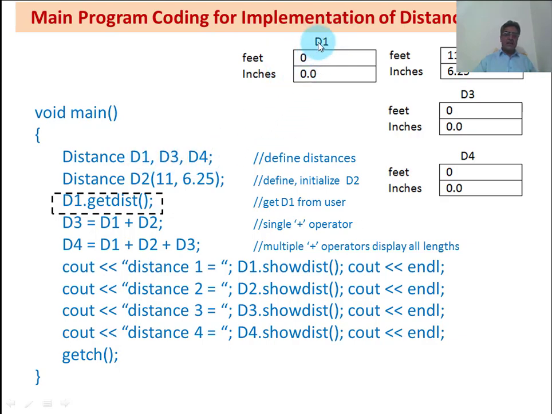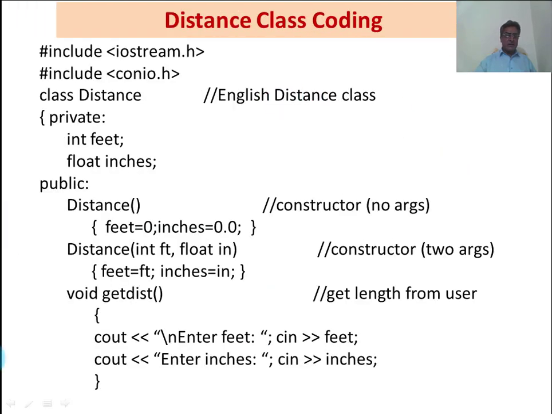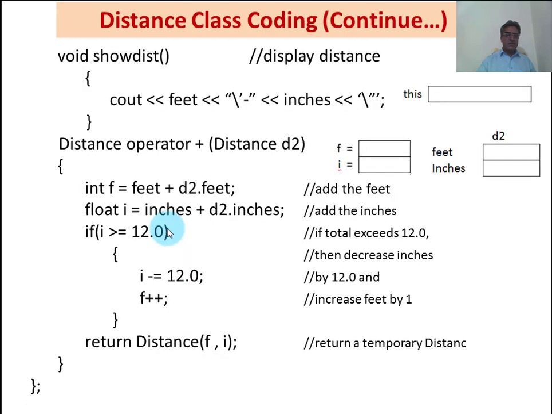You may see here d1 has feet 0, inches 0.0, because this constructor will be activated for d1, d3 and d4, and it will move 0 in feet and 0.0 in inches of the memory of each of the three objects.